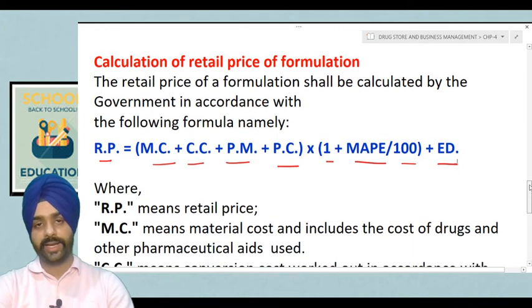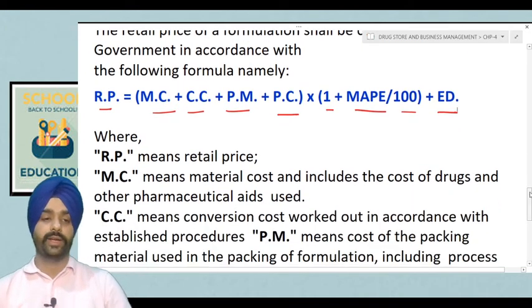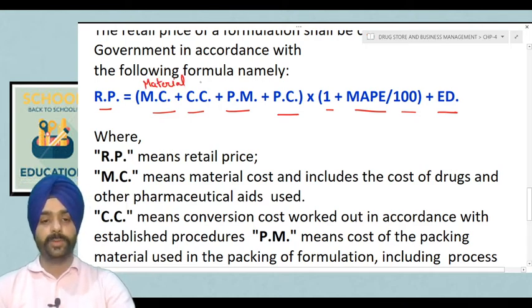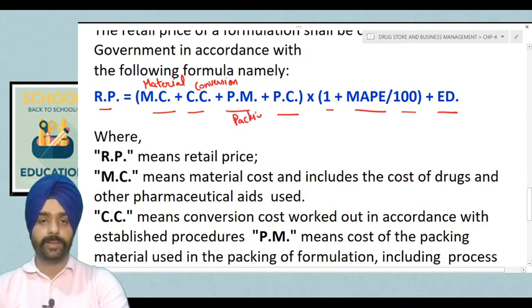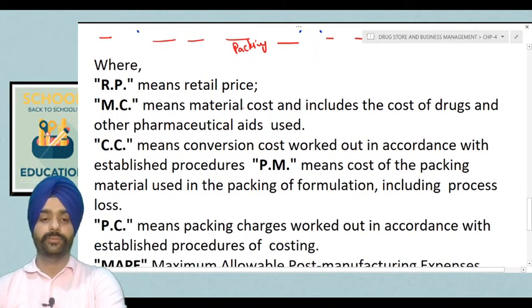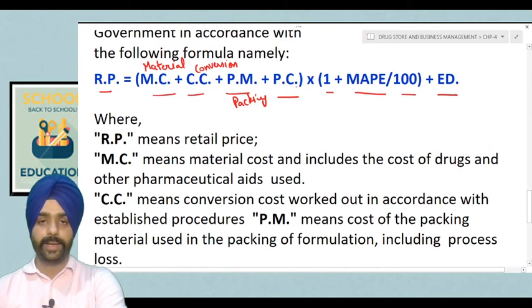Here RP means the retail price, MC means the material cost, CC means the conversion cost, the manufacturing cost, PM means the cost of packing, and PC represents the packing charges.